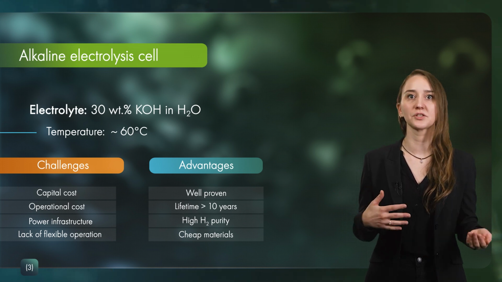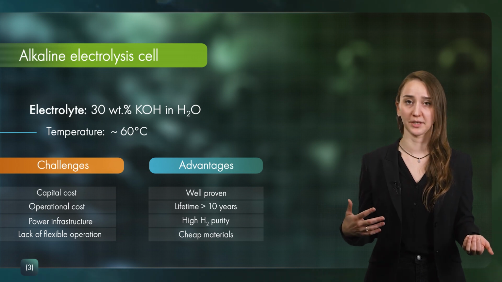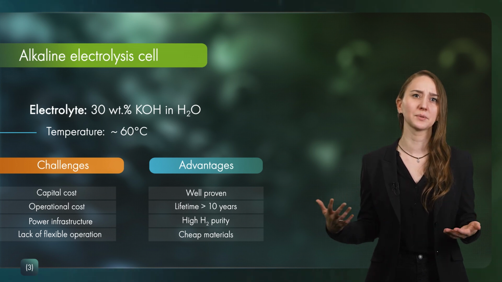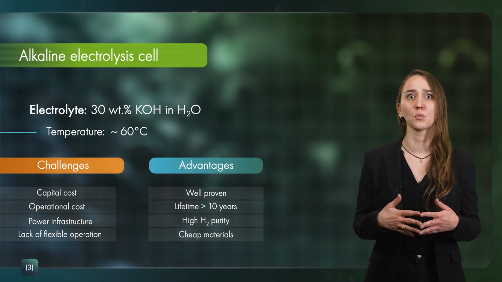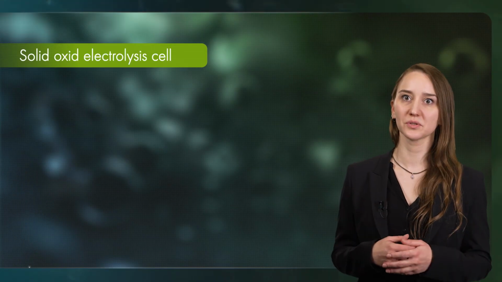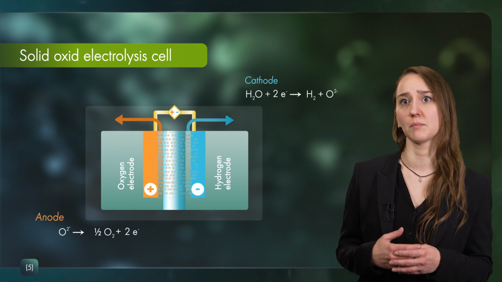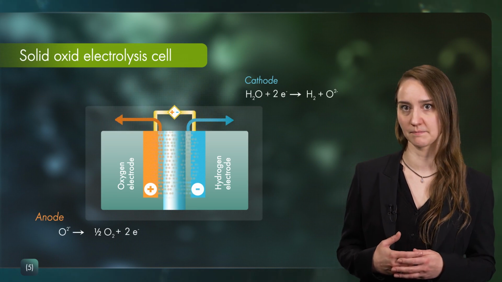However, this technology is also costly in comparison to fossil fuel-based hydrogen production processes, and the use of a liquid electrolyte makes this technology more complex than other electrolyzers. Also, to couple alkaline electrolysis with renewable energy sources is more complex than for PEM electrolysis.